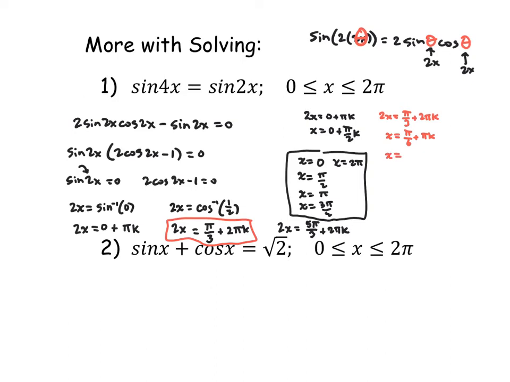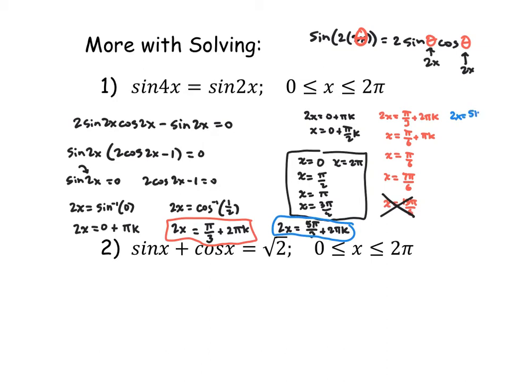So our first solution, if k is 0, is pi over 6. Our second solution would be 7 pi over 6. And our third solution, if I added 6 pi over 6, would be 13 pi over 6. But notice that 13 pi over 6 is no longer within the restriction from 0 to 2 pi.